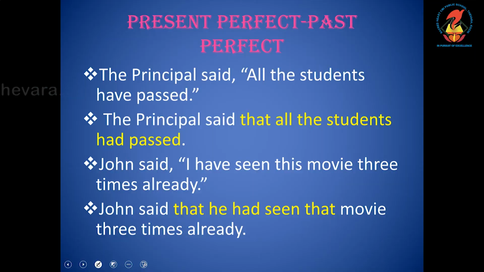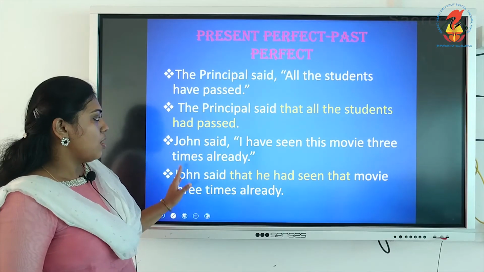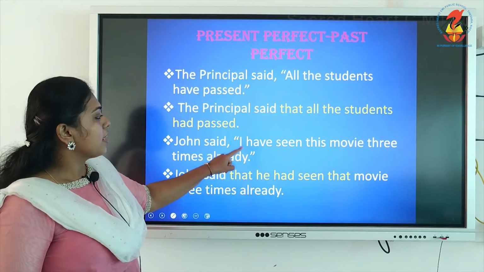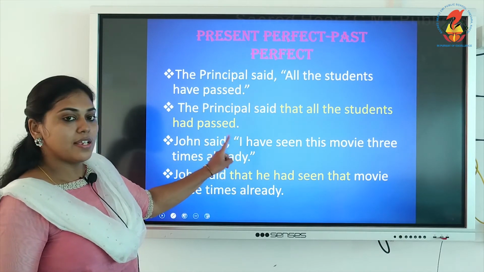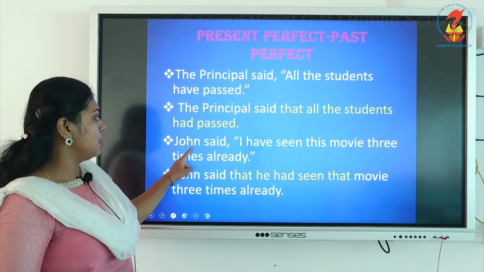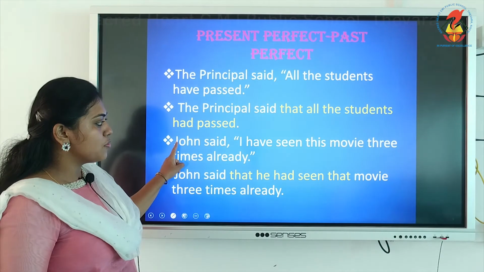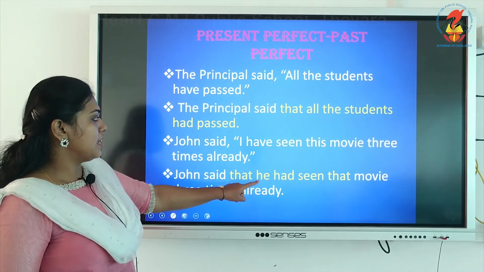Now the next example. John said, I have seen this movie 3 times already. So how will you start the sentence? John said that. Then I should be changed to the same person of the subject. What is the subject here? John is the subject, which is a male gender. So we have to use the male pronoun. What is that? He.